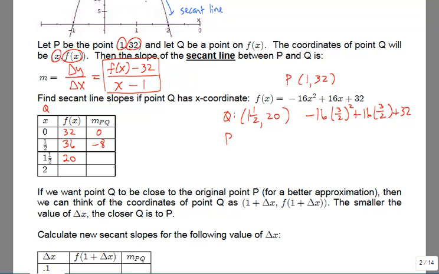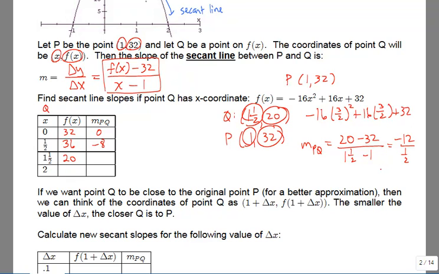So then if my point P is (1, 32), then the slope between these 2 points would be this y minus this y, so 20 minus 32 over this x minus this x. So we're going to get negative 12 on top over 1/2 on the bottom, which when you flip over that 1/2 and multiply by the reciprocal gives me negative 24. So the slope of that secant line is negative 24.